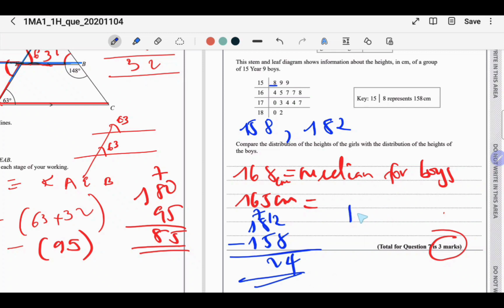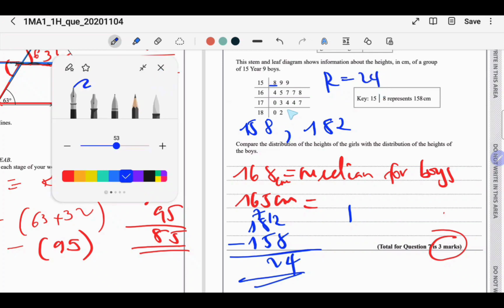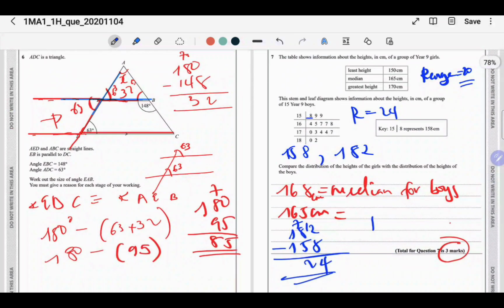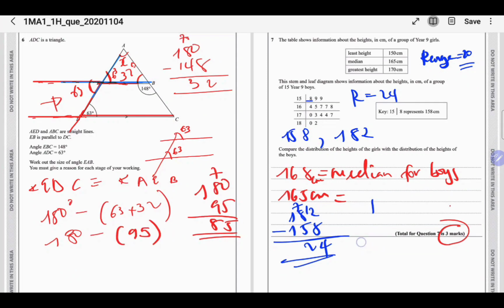So the range for the boys is equal to 24, while the range for the girls was 20. So there's a wider spread in the heights of the boys than the girls. That's another thing we can say. Next question.